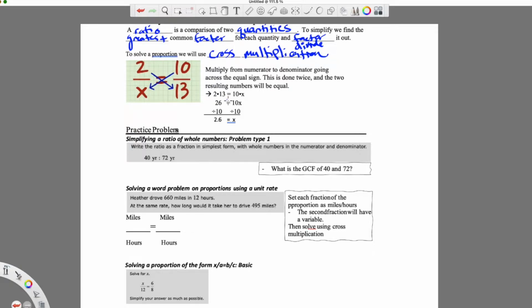And really what we're doing is we're very quickly eliminating the fractions. Actually, we are solving the equation, but we're doing a very quick action. So what I'm doing is I'm taking 13 and multiplying by both sides because that cancels the 13 and brings it over here, which gives me 2 times 13.